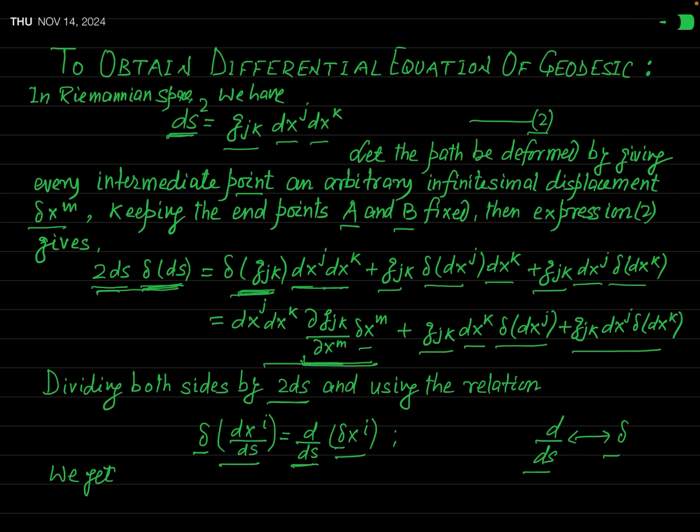See this first term. Here we will divide by 2 times ds. So there will be 2 in denominator and ds will be also in denominator. But if we write extra ds in denominator, then you have to multiply it by ds.